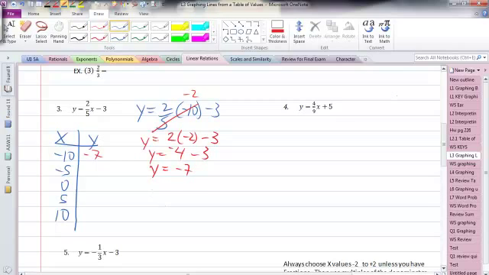Looking at the next one, y equals 2/5 times -5 minus 3. So y equals -2 minus 3, y equals -5. Should we predict the next one? Any predictions? -3? Okay, go and check now.